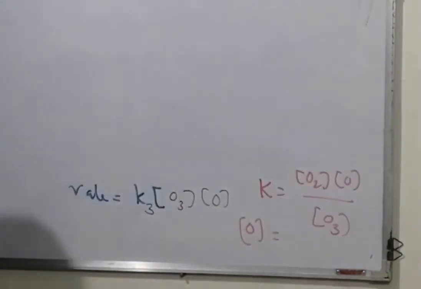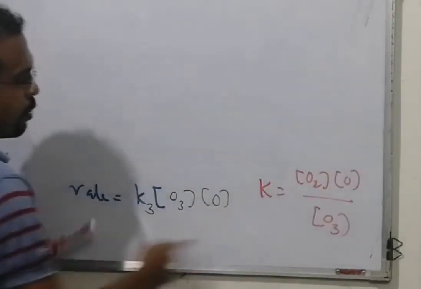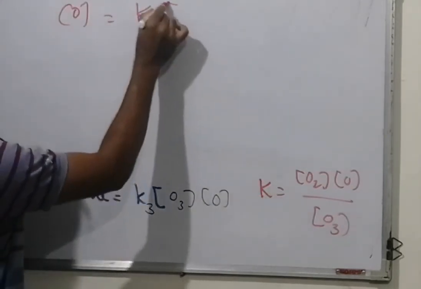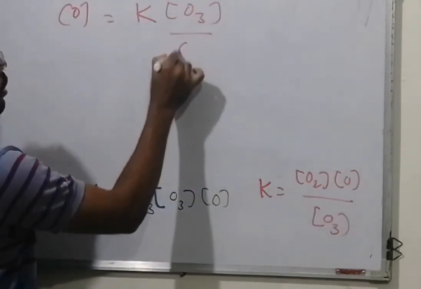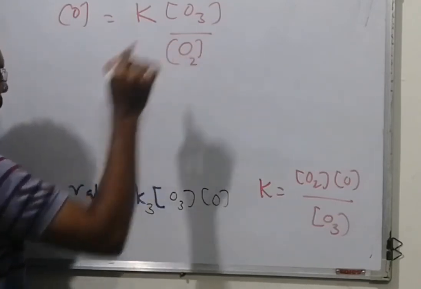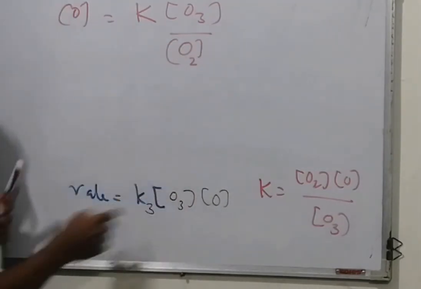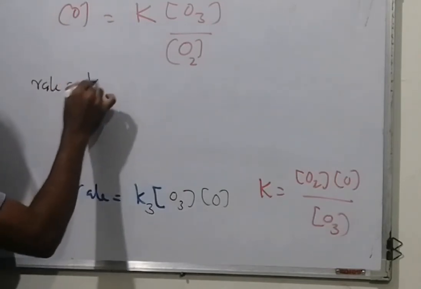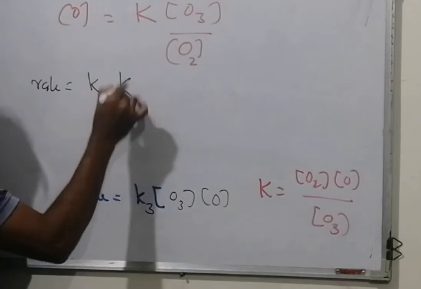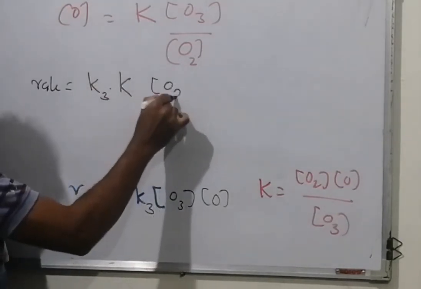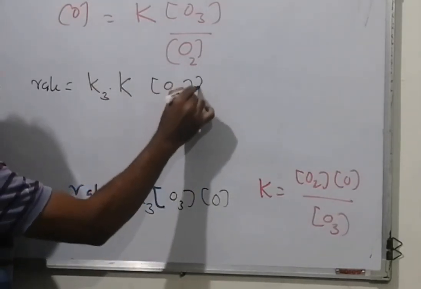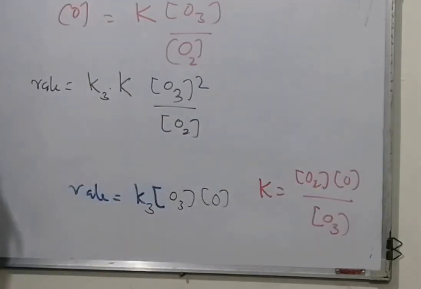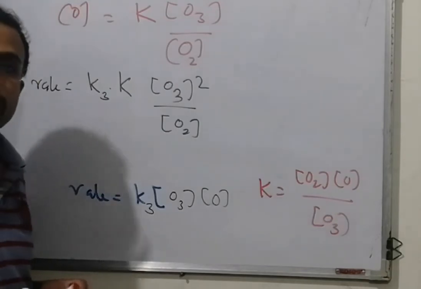Therefore, from the equilibrium, concentration of O is equal to K into concentration of O3 divided by O2. You apply that here. Therefore, rate is equal to K3 into the equilibrium constant into O3 square divided by O2. This is the actual rate expression.